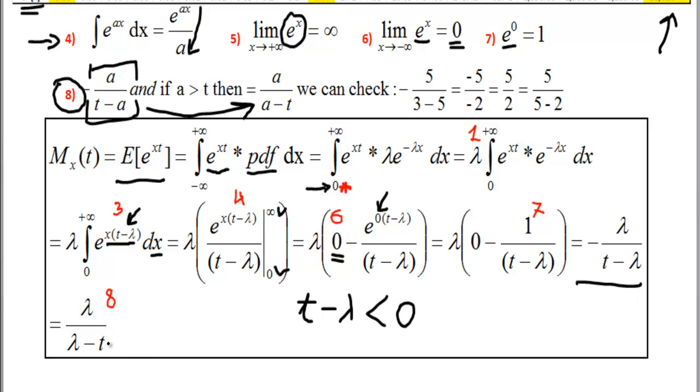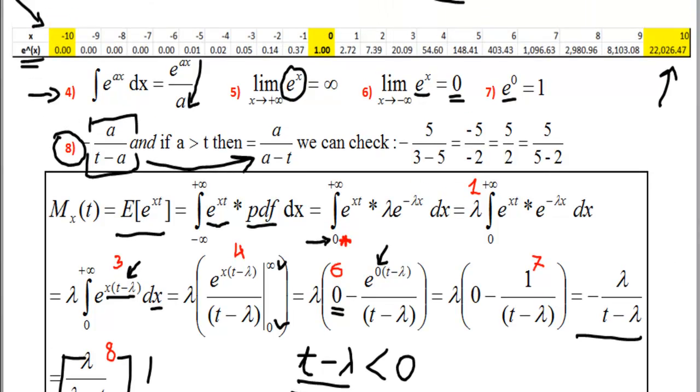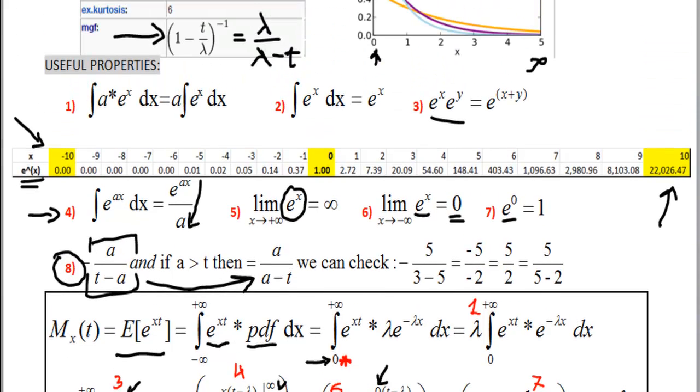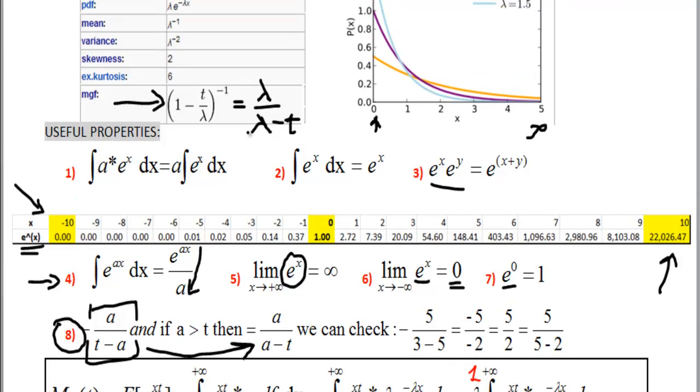And by property number 8, just for presentation purposes, so that it looks neater, and with this condition imposed, we arrive at our moment generating function. Victory, because it turns out that this is exactly the same formula that we specified before as our goal. Our goal was to get this, and that's exactly what we got.